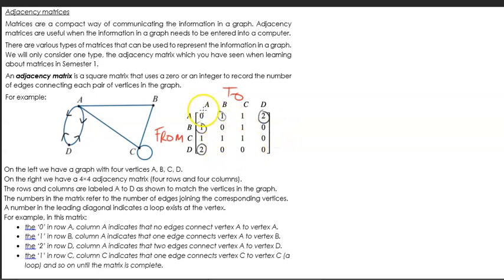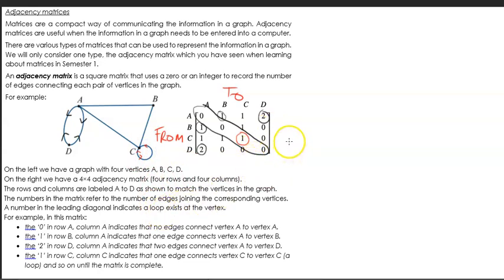Now, usually you're used to a diagonal of zeros, but you'll notice that within this diagonal, there is this 1 here. So from C to C, and this is because there is a link that goes from C to C. Now, some people assume that because there are 2 ways to go into C, technically a loop should be a 2.